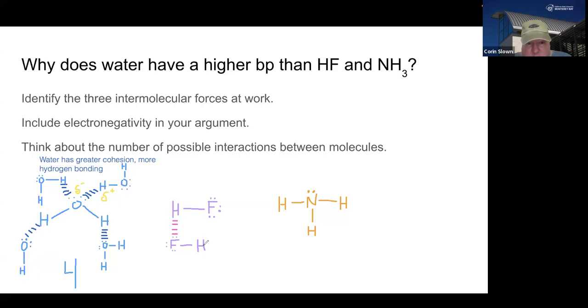Each of these molecules, it should be clear, do experience hydrogen bonding. What's the difference though in their behavior?